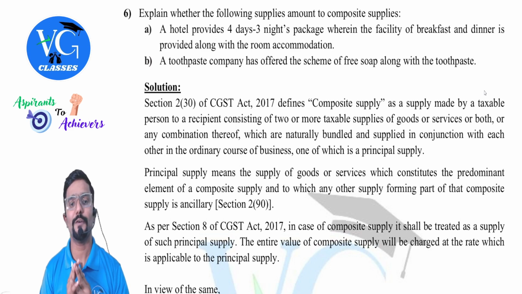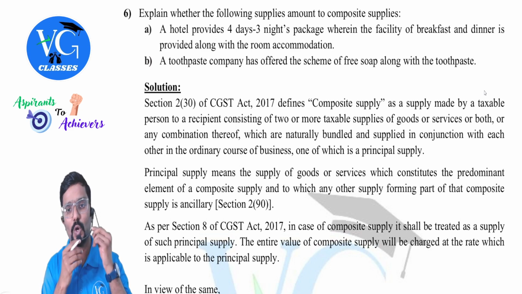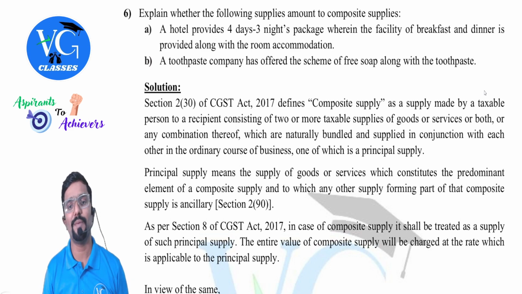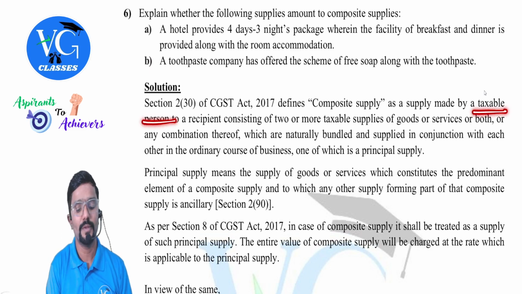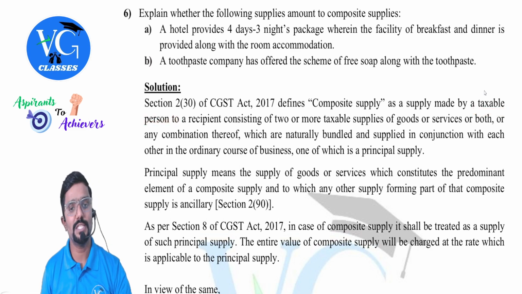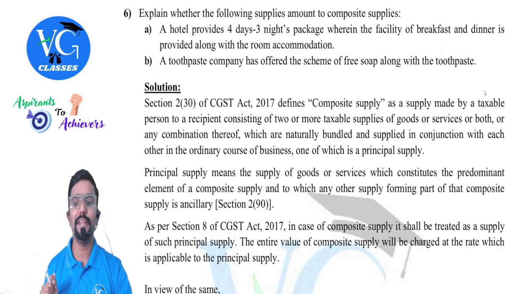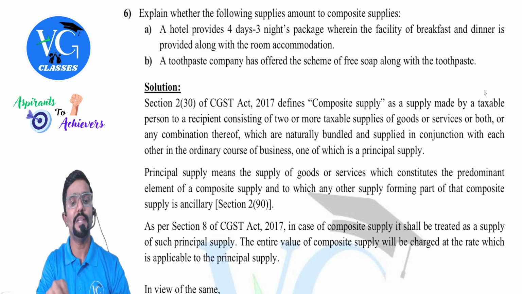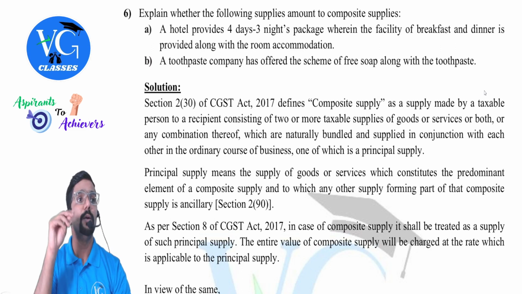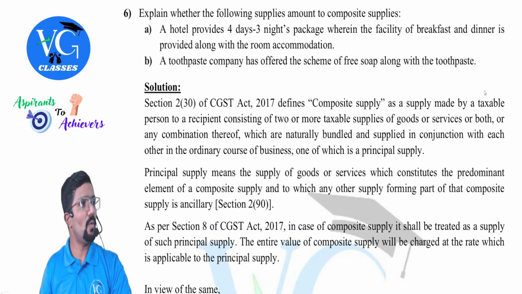Section 2 clause 30 of the CGST Act 2017 defines composite supply as a supply made by a taxable person to a recipient consisting of two or more taxable supplies of goods or services or both, or any combination thereof, which are naturally bundled and supplied in conjunction with each other in the ordinary course of business, one of which is a principal supply. Now, what is principal supply?